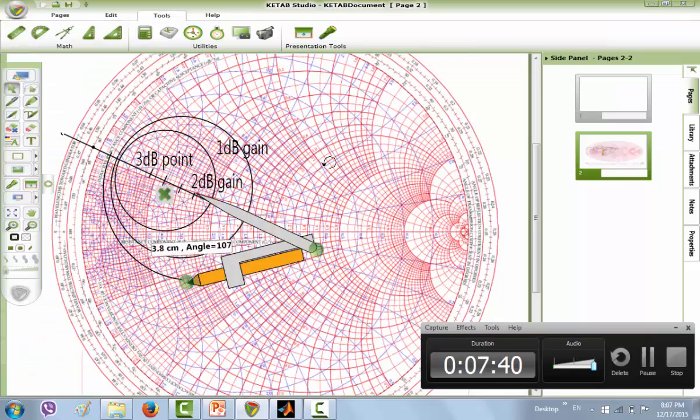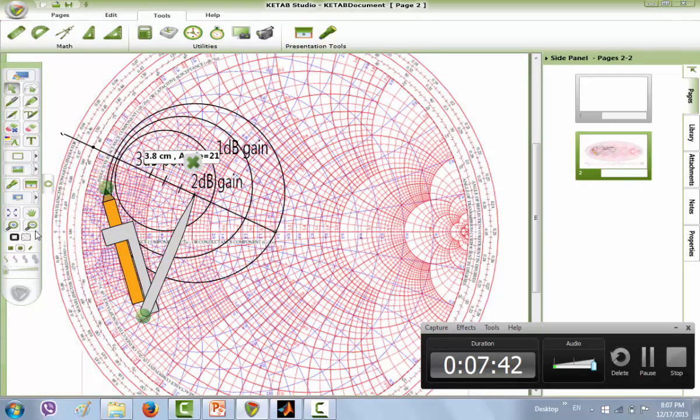So this is the 0 dB gain circle. Notice that the 0 dB gain circle passes by the origin, and this means that it has no reflection.